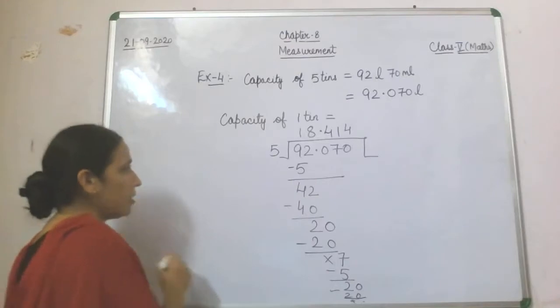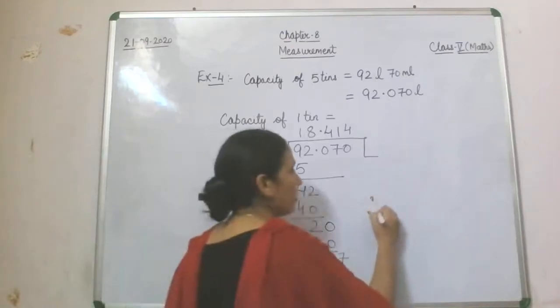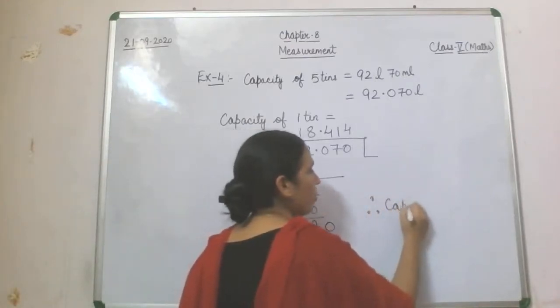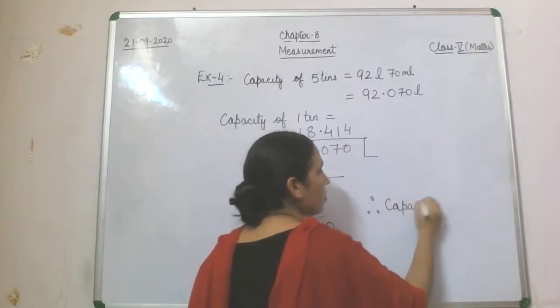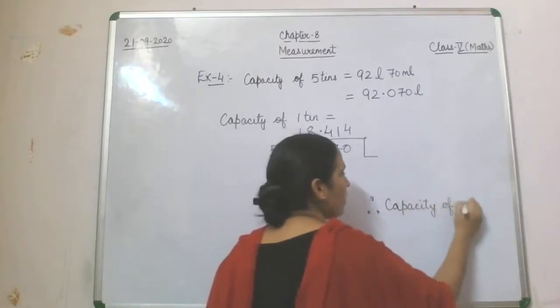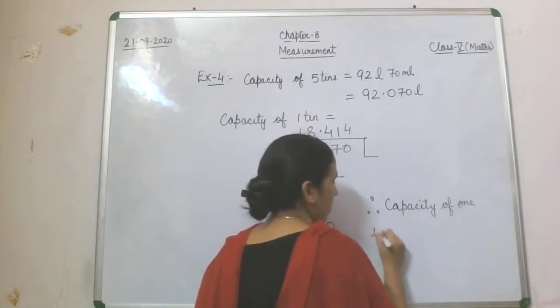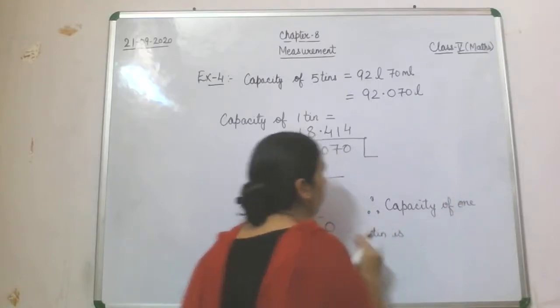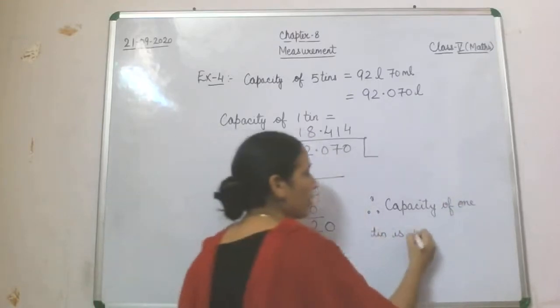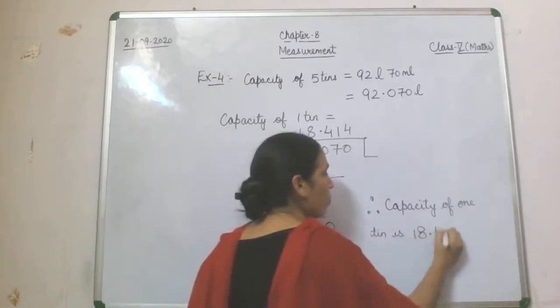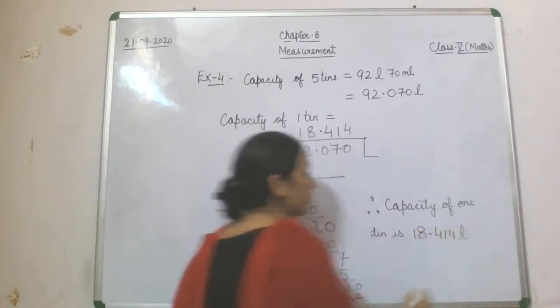So you will write here, therefore, capacity of 1 tin is 18.414 liters.